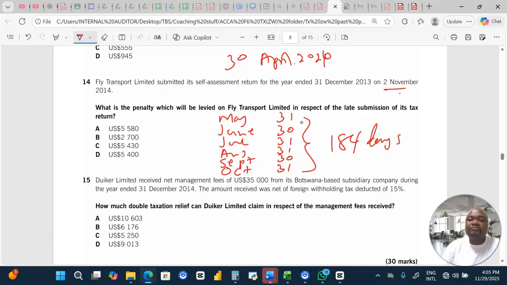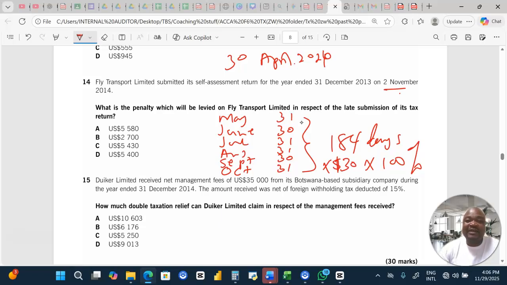Now, according to Zimbabwean tax law, a defaulter has to pay $30 per day multiplied by 100% of the amount. But we don't penalize forever. The self-assessment has got some due dates.